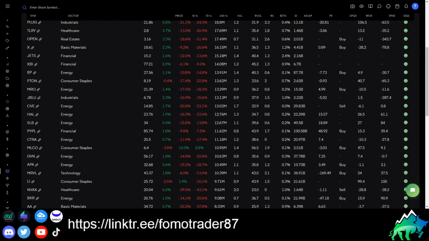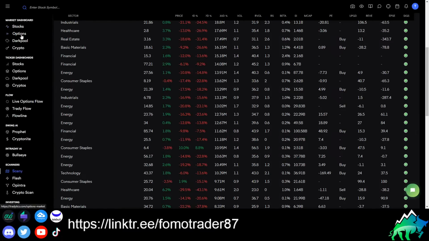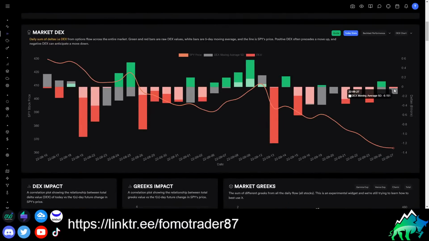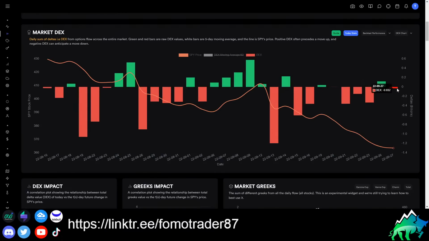How you doing, Focus? What is DEX for tomorrow? So market DEX is currently red, very small bar, so we could see a move down in the morning, but we did break into new yearly lows today.